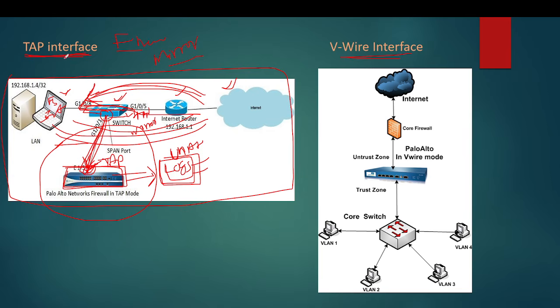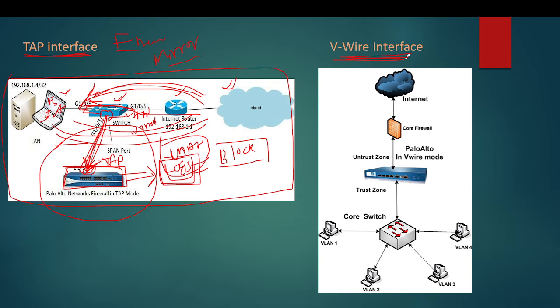Without changing anything in the network, not even a single subnet or IP, they want to block the traffic. The tap interface will identify unauthorized traffic, and the administrator wants to block that unauthorized traffic. For that we are going to use the virtual wire interface.